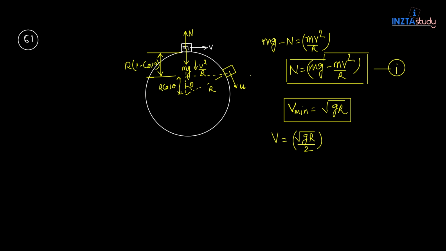Now at this location, what are the forces that are going to act? First force is the mg force. Second force is the normal reaction. And if it is moving with this u speed in this direction, it will have a tangential acceleration in this direction and a centripetal acceleration in this direction, which will be u square by r.